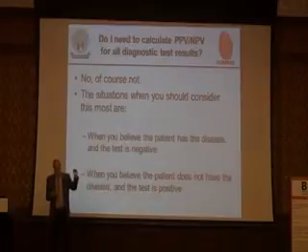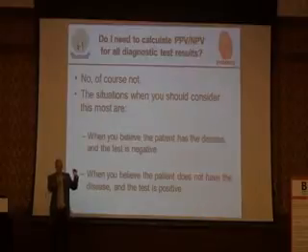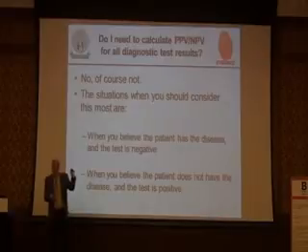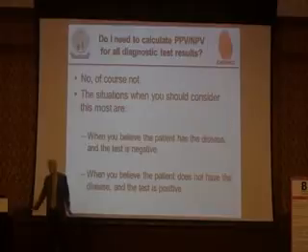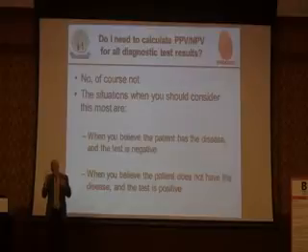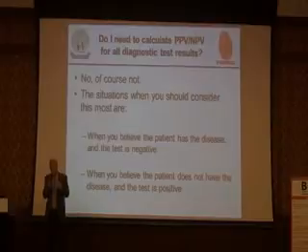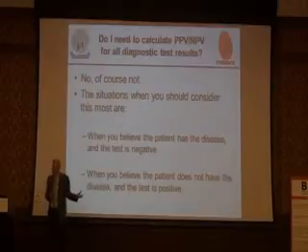That's the time to make sure that you have a test that's sensitive enough that you can trust that negative test. Or you say, there's no way this person has that disease. I don't think he has it. But the test comes back positive. When the test result surprises you, that's a situation in which you really need to be careful, because it's going against all the evidence. So if you have something that is going against all your clinical evidence, you better make sure you can trust it.